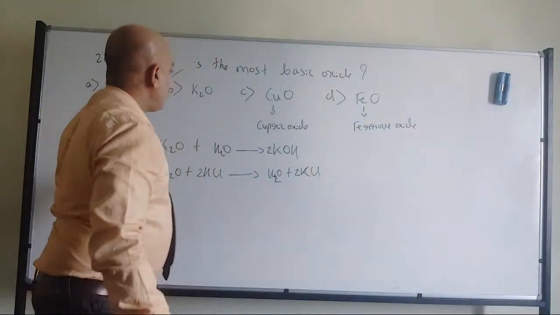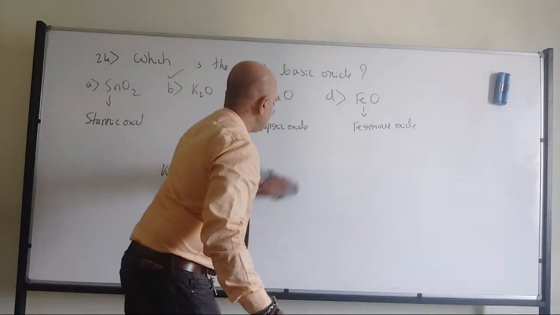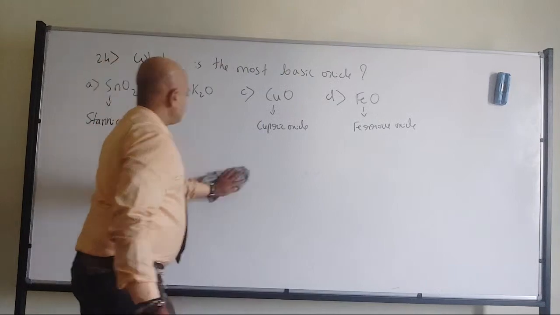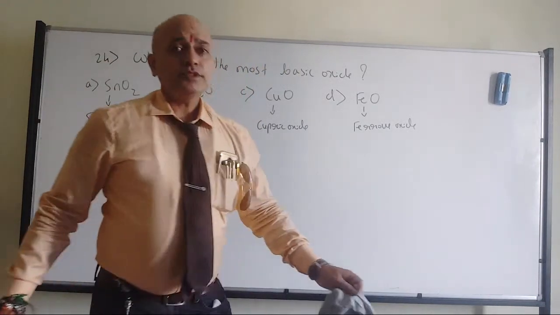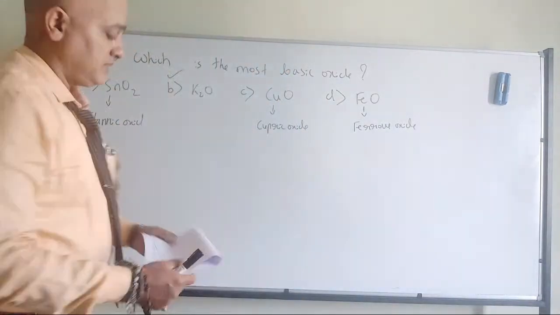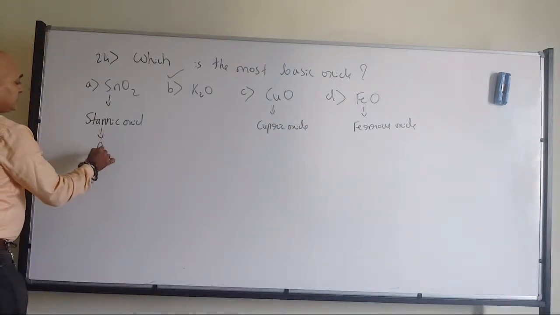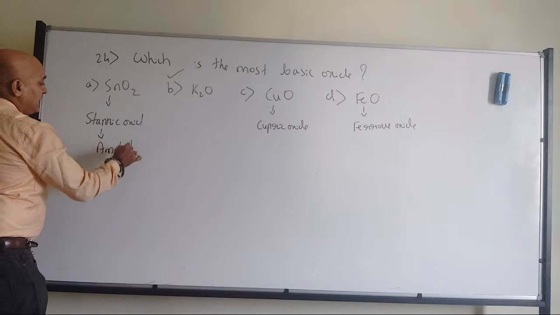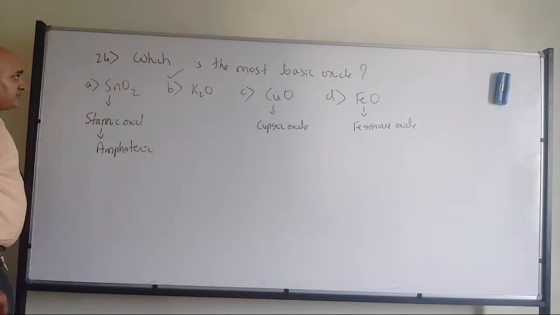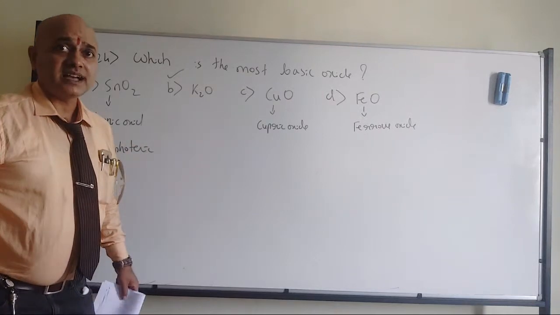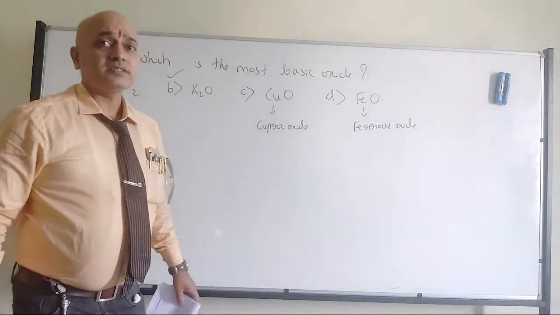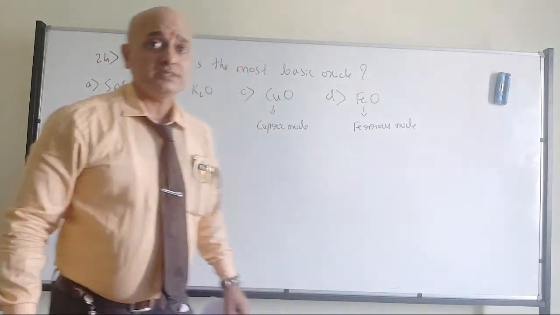Now, an additional point, not related to this question. When it comes to stannic oxide, please remember it is also an example of an amphoteric oxide, same as aluminium oxide.